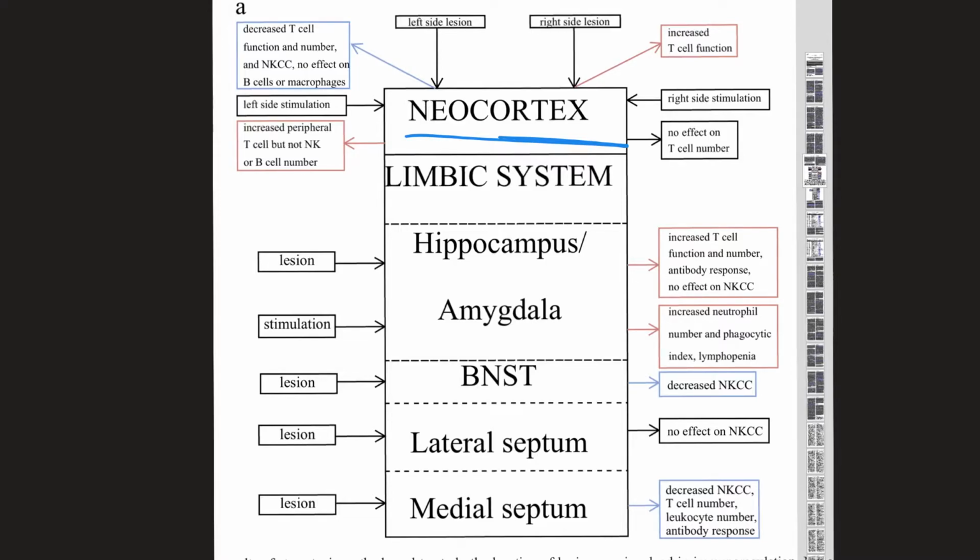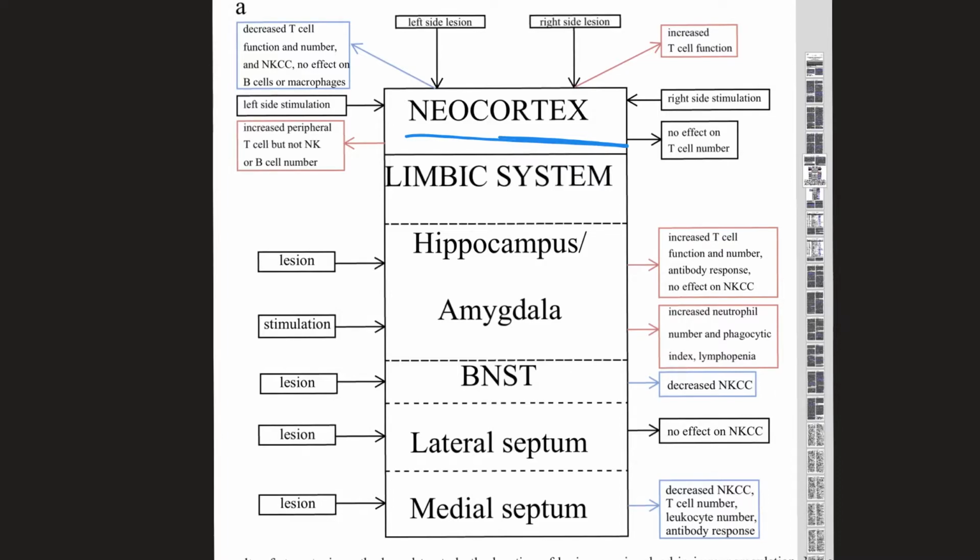On the flip side, if you create a right-sided lesion, what are you going to get? Increased T cell function, so increased antibody immunity. What does that mean? Someone with a right-sided lesion would have a higher propensity of developing allergies.